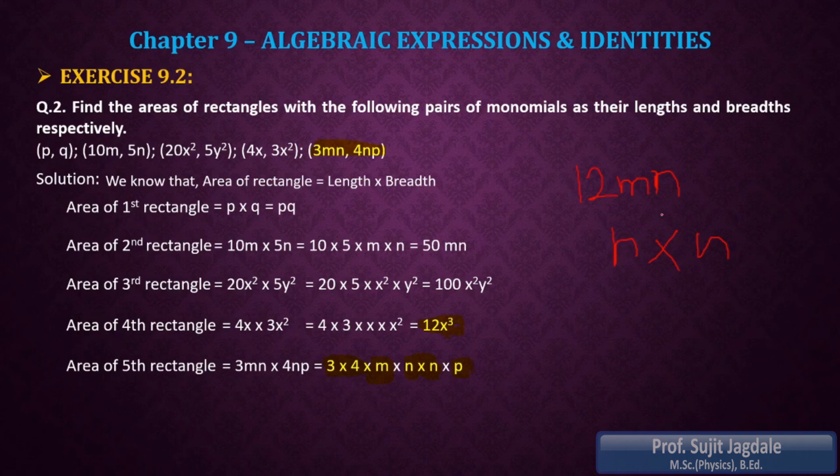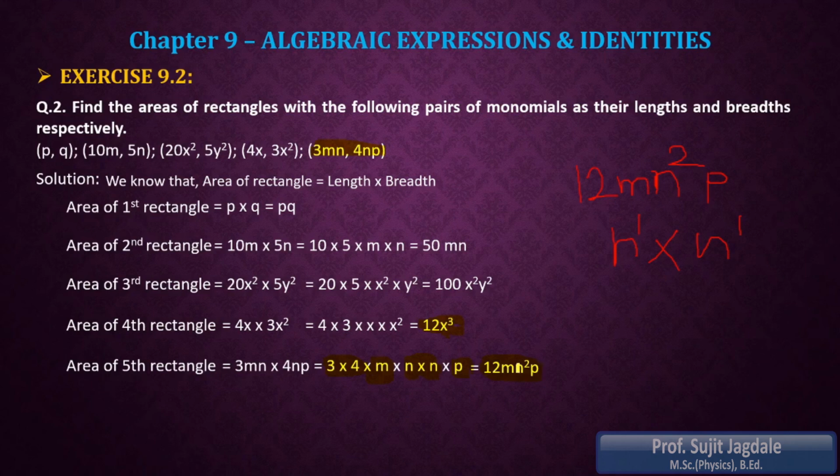Now add the powers, same variables are there, so just add the powers. So if power is not given, then there is a power 1. So 1 plus 1, 2. So 12mn square, and that p will remain again as it is because it is a single variable. So therefore what is the product of final monomials? 12mn square p, which is the area of the fifth rectangle.